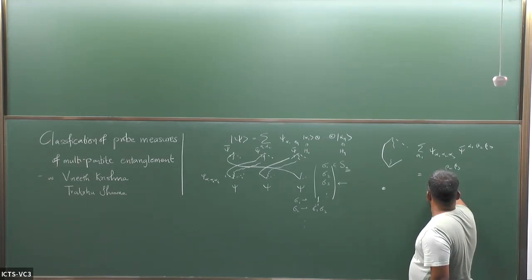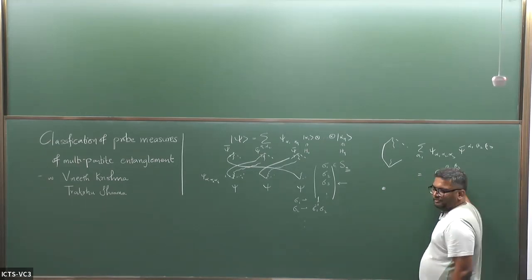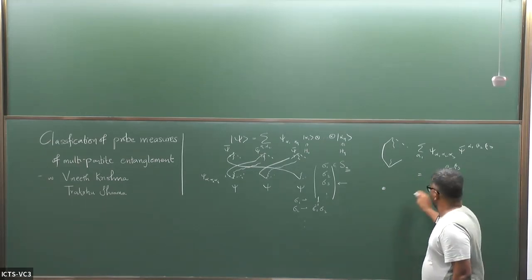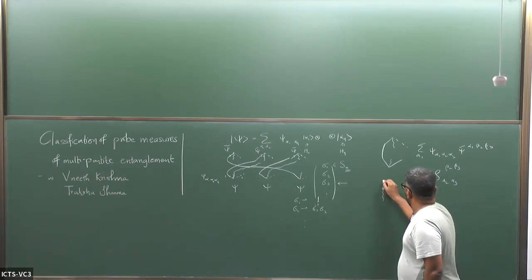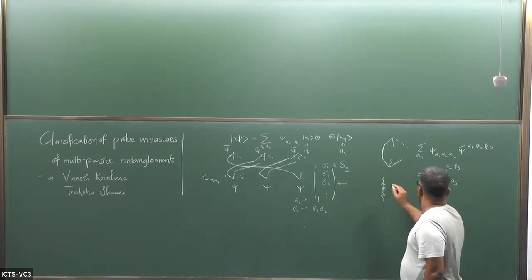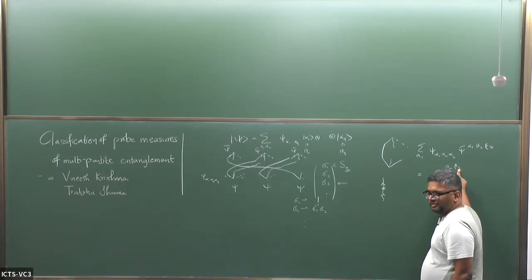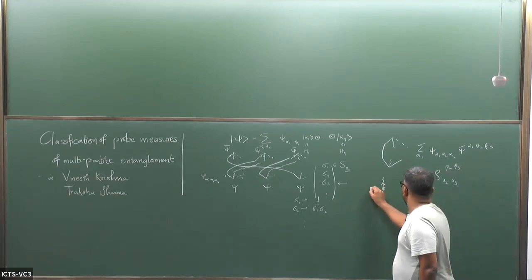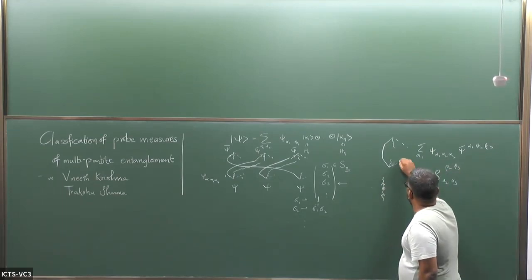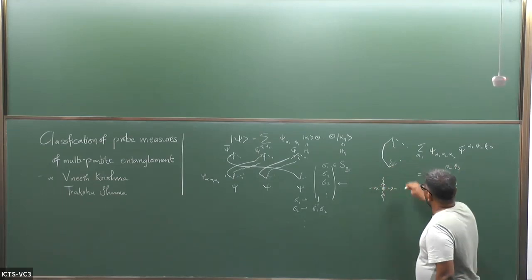2 fundamental, one fundamental, one anti-fundamental index of party 2, and one anti-fundamental, one fundamental index of party 1. Sorry, party 3, let's say. So it is just the same, right?